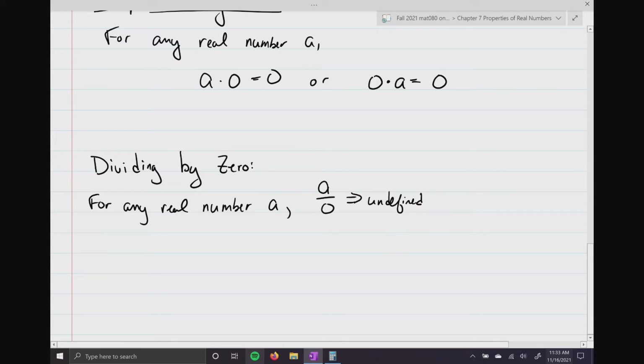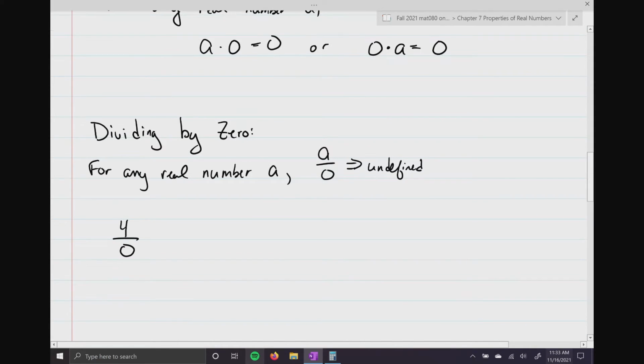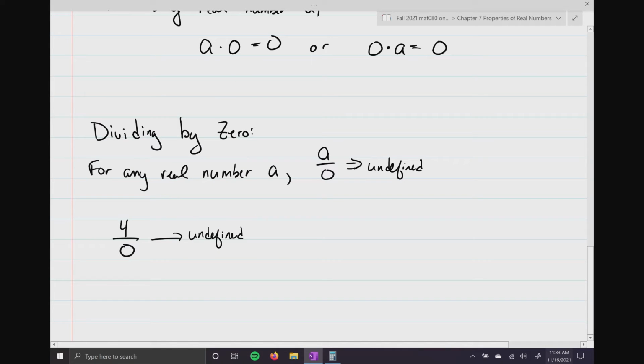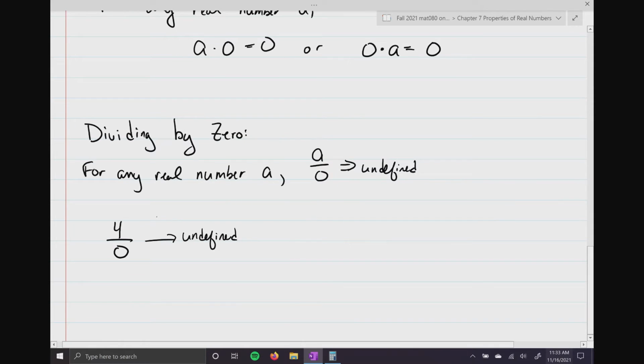And there's a couple ways that I can explain this. I think the easiest way is for us to think about fractions. So if you think about fractions, like let's say for example, 4 divided by 0. We already know this is going to be undefined. Even if you pulled out a calculator and you hit 4 divided by 0, it will say cannot divide by 0. So we know that. But now let's think about, well, how does this actually work? Well, if you think about fractions, remember, you got a numerator and you got a denominator.